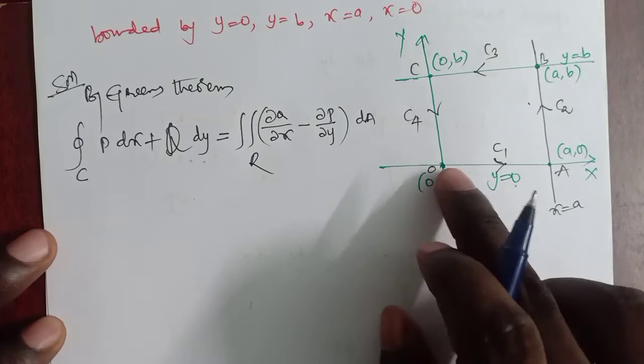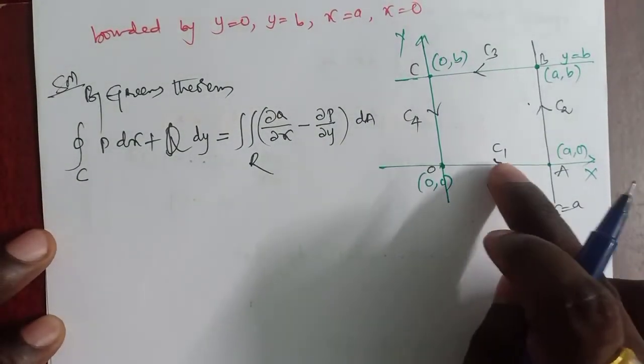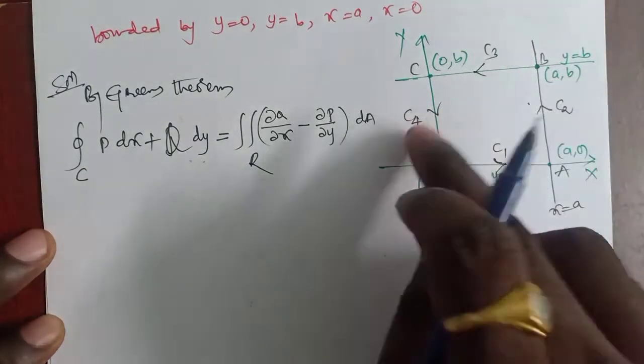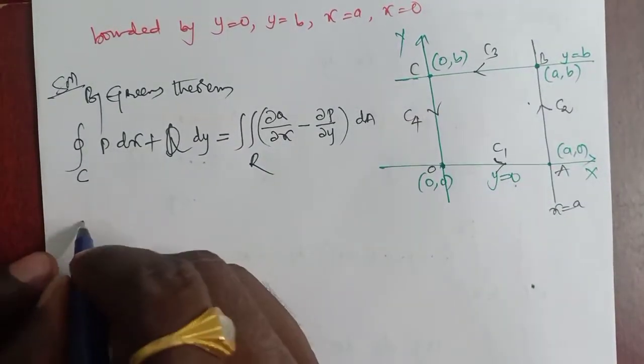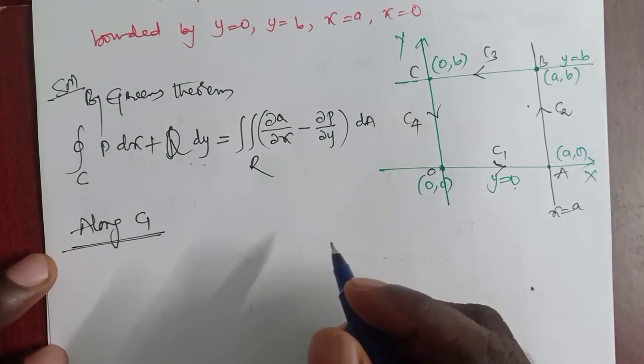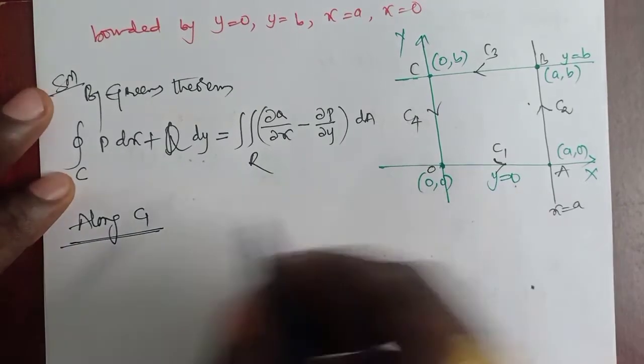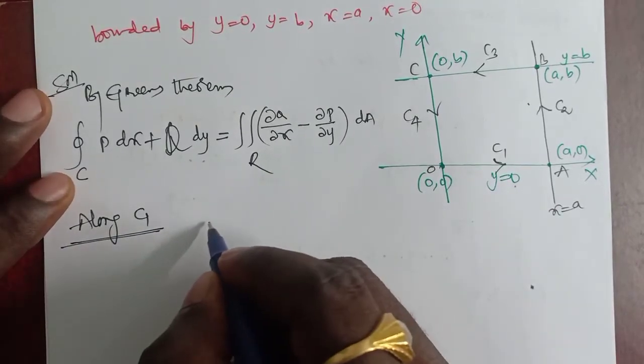Clearly we have 4 curves to be integrated, along C1, C2, C3 and C4. The first one is along C1, from O to A.